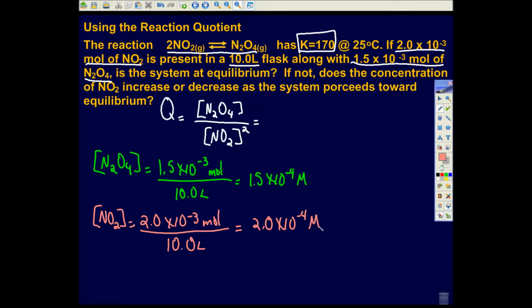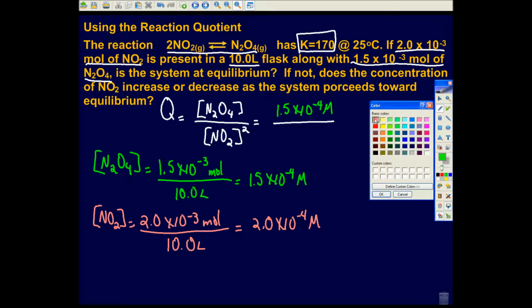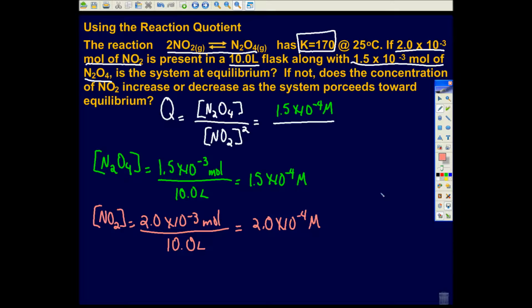Now all I have to do is take these quantities and put them into my expression. So on the top, I'm going to say 1.5 times 10 to the negative 4. And on the bottom, I will say parentheses 2.0 times 10 to the negative 4, and that's squared.